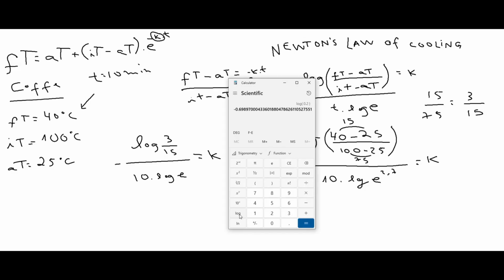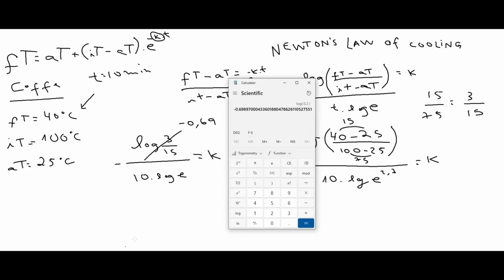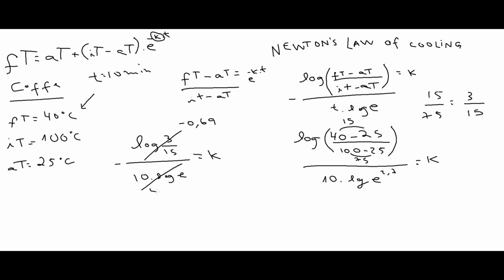The log is minus 0.69, and the Euler log multiplied by 10 is 4.34.